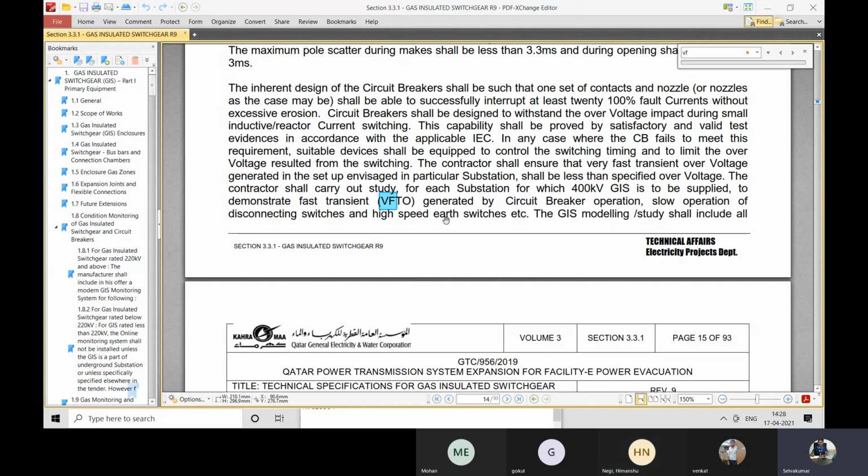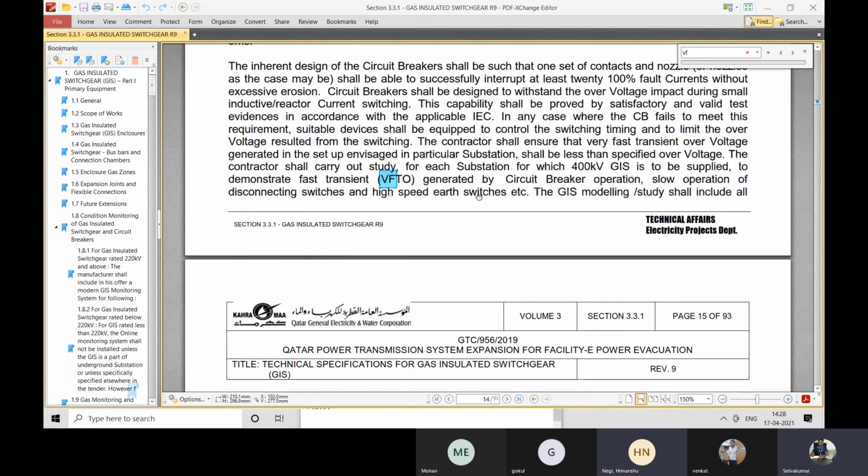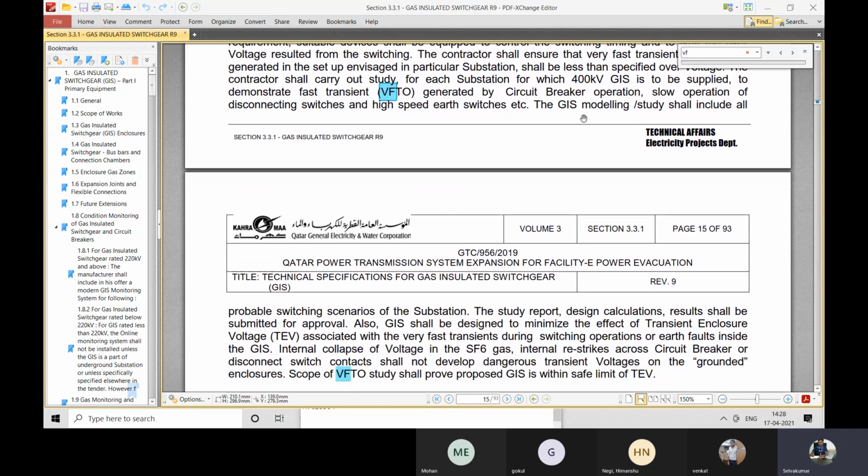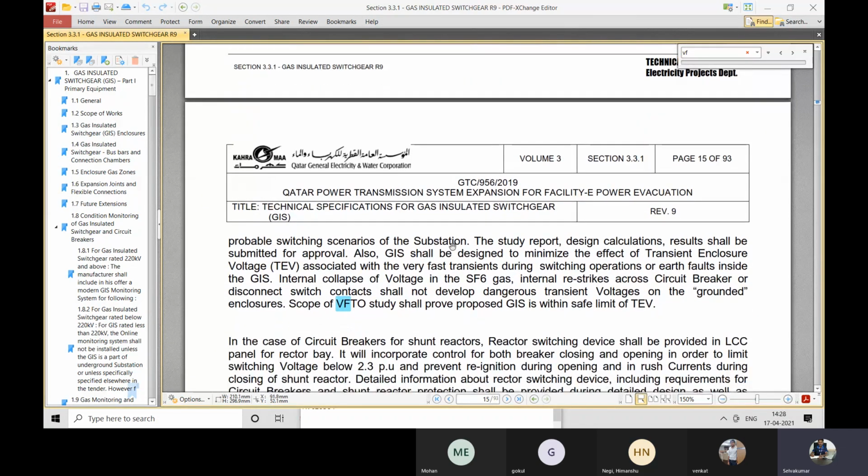It could also be because of high speed earth switches. You may be aware why we need a high speed earth switch: it is basically to convert ungrounded issues to grounded faults. The GIS modeling study shall also include probable switching scenarios of the substation. The study report and design calculation results shall be submitted for approval.